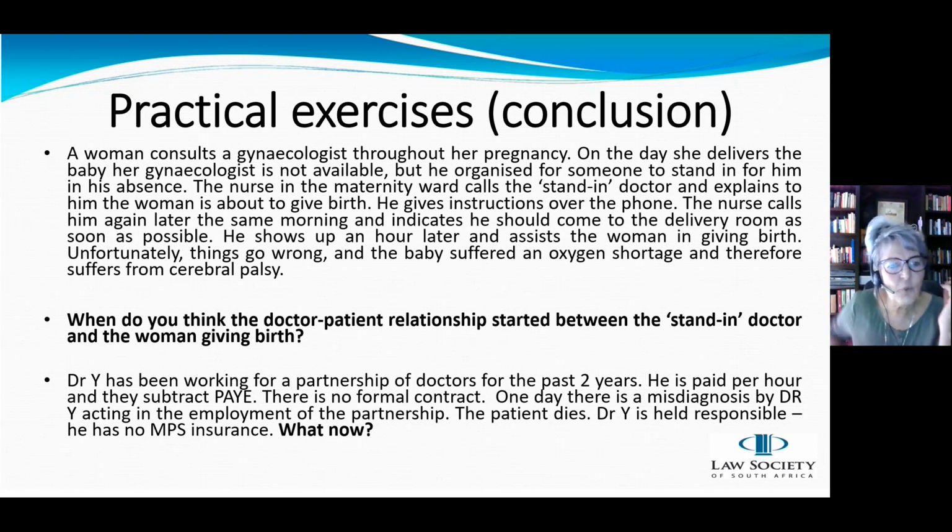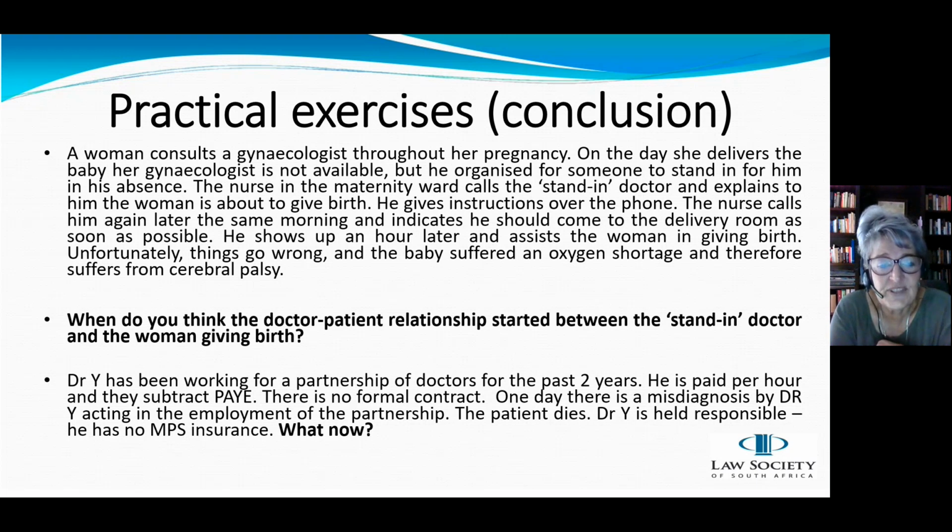Okay, so Dr. Y acted in the scope of his employment when the patient died. So what should happen now? Of course, the family or the spouse of the patient will now sue Dr. Y because the patient died. He alleges there was negligence and therefore Dr. Y will be sued. But what can Dr. Y do?